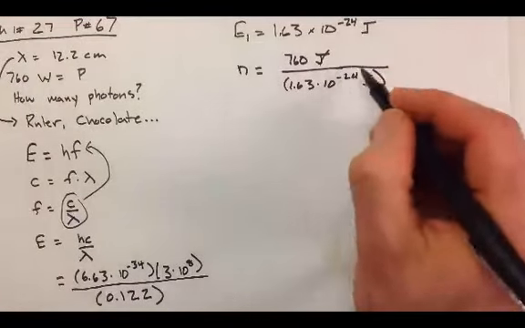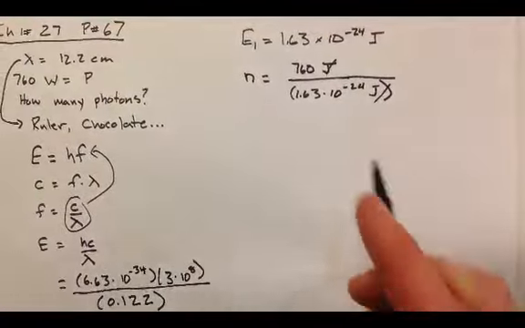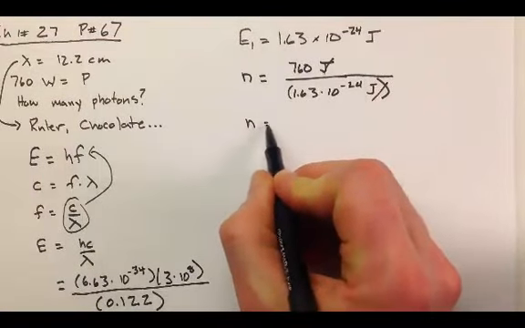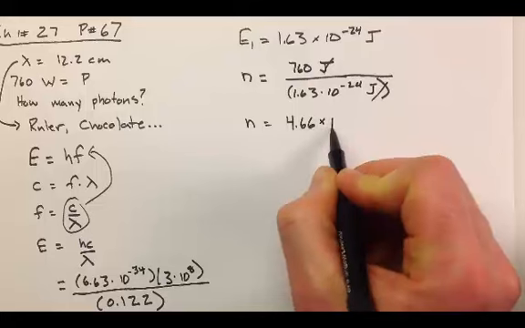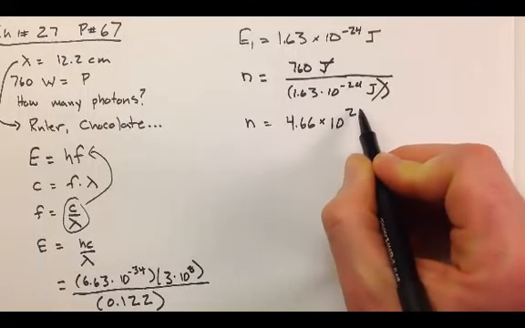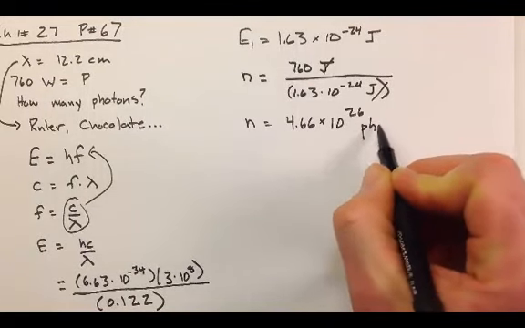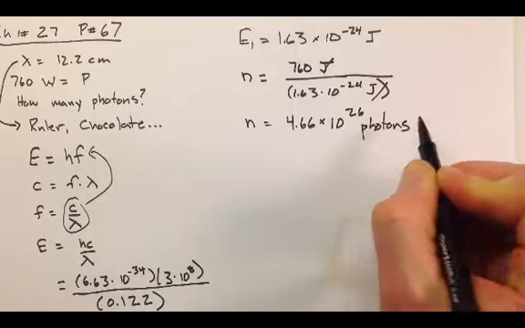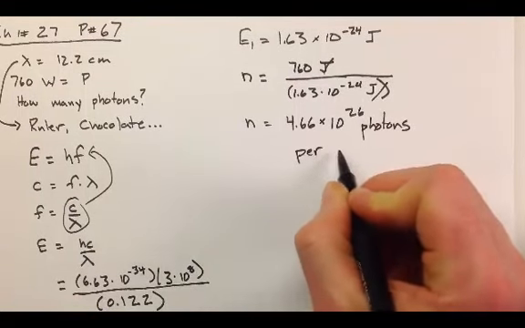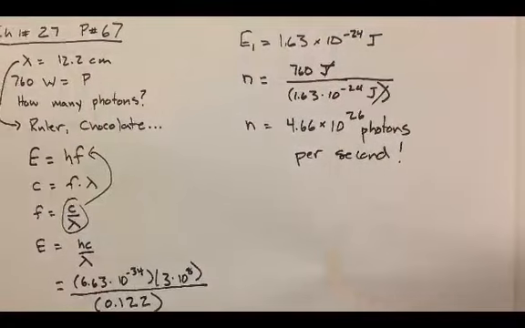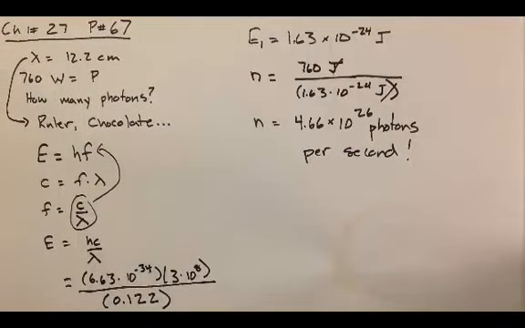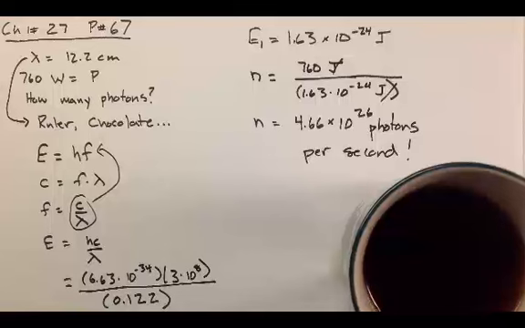And joules would cancel out here, and we would get N for our number of photons to be 4.66 times 10 to the 26th photons per second, which is a lot of photons. But then again, to get such delicious tea so piping hot, it would take a lot of energy and a lot of photons.